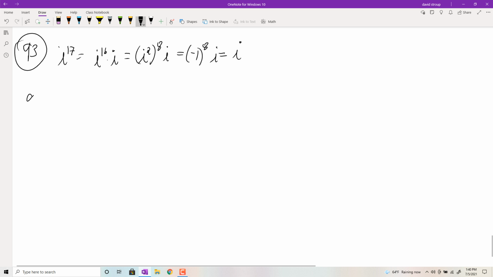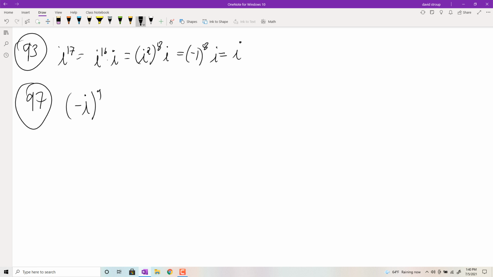So 97, this one for some reason is a little bit different. You have -I to the 9th. Okay, the first thing I'm going to do is separate off the -1, rewrite it as -1 times I to the 9th. Okay, and then I could distribute the exponent. So you get -1 to the 9th times I to the 9th. -1 to the 9th is just -1.